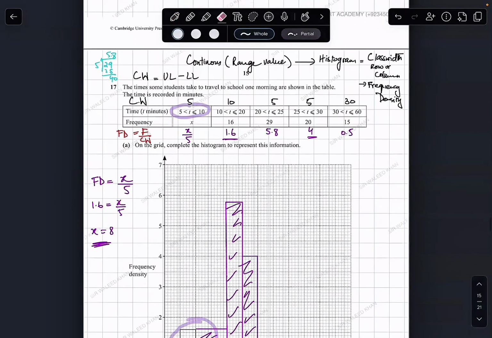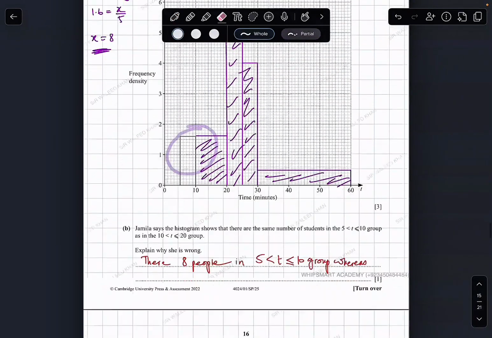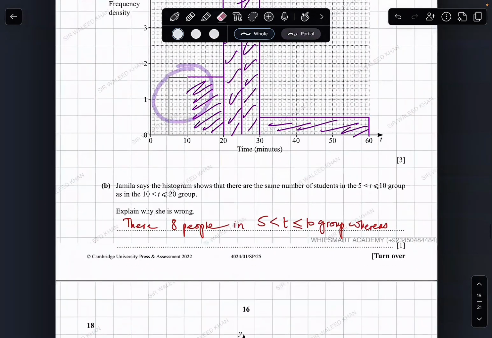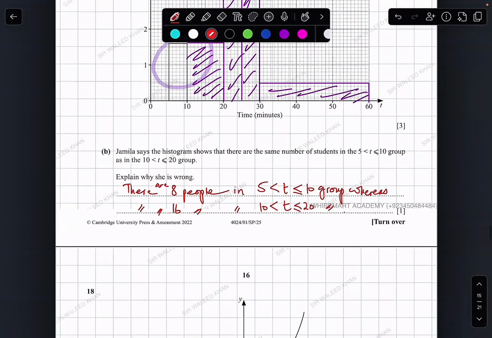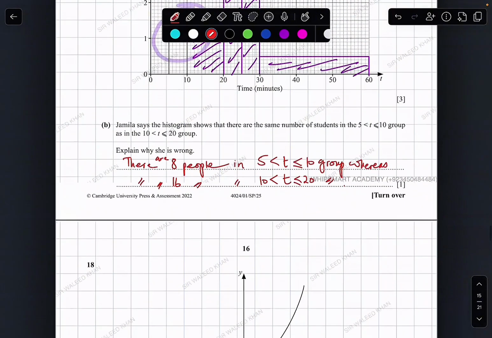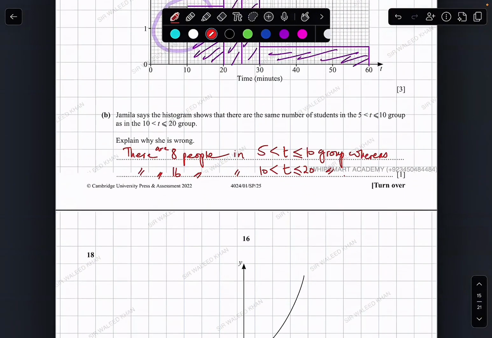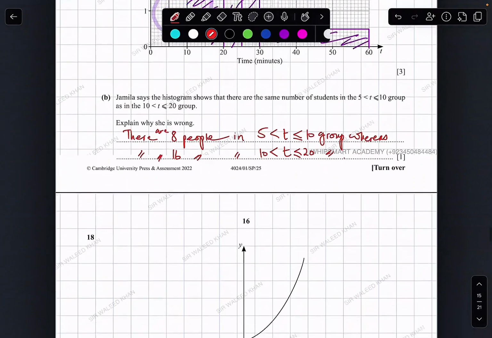So for 10 to 20, the number of people is 16. There are 16 people in 10 to 20. Got it? So she is wrong. The frequency density will not determine the number of people. Frequency will determine the number of people.